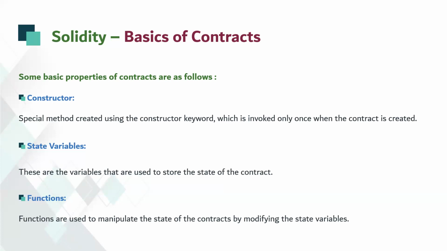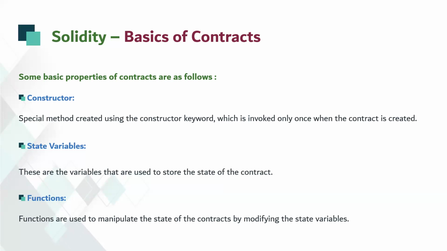Functions can be called by external entities, such as a user or other contracts, to execute specific tasks or access information from the contract. Within a function, you can modify the state variables and you can perform computations, make conditional statements, and even call other functions.